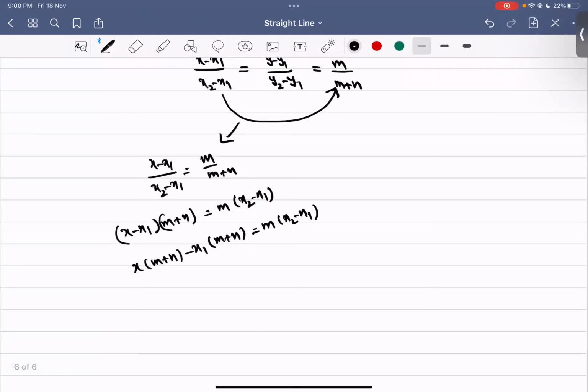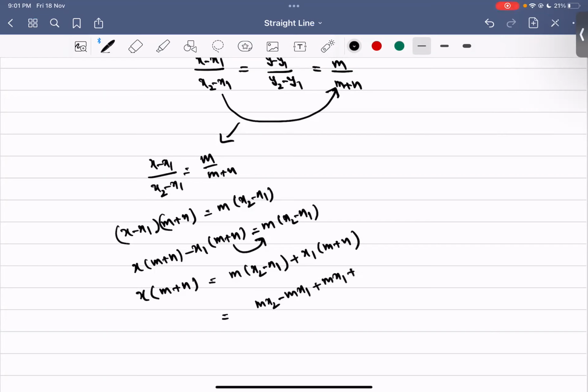If you isolate x, then x into m plus n is m into x2 minus x1 plus x1 into m plus n. Okay? So this is mx2 minus mx1 plus mx1 plus nx1, which is x into m plus n.